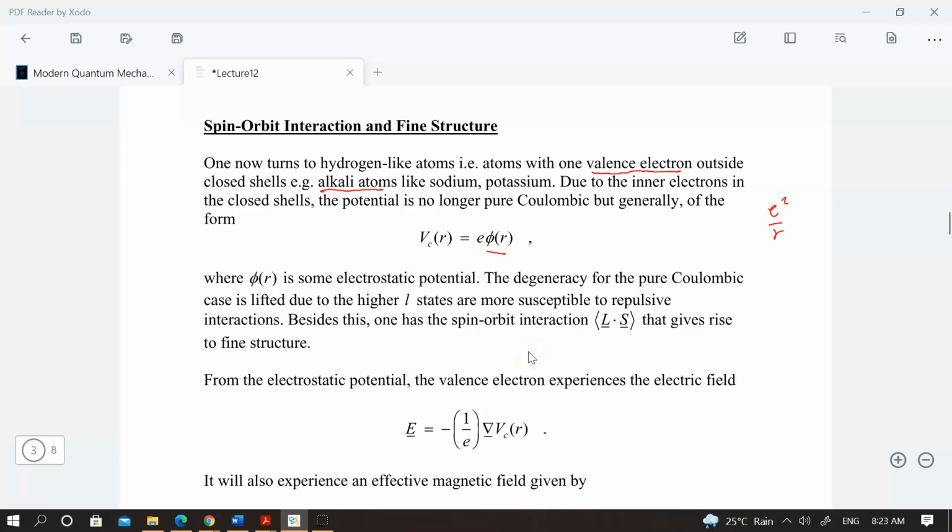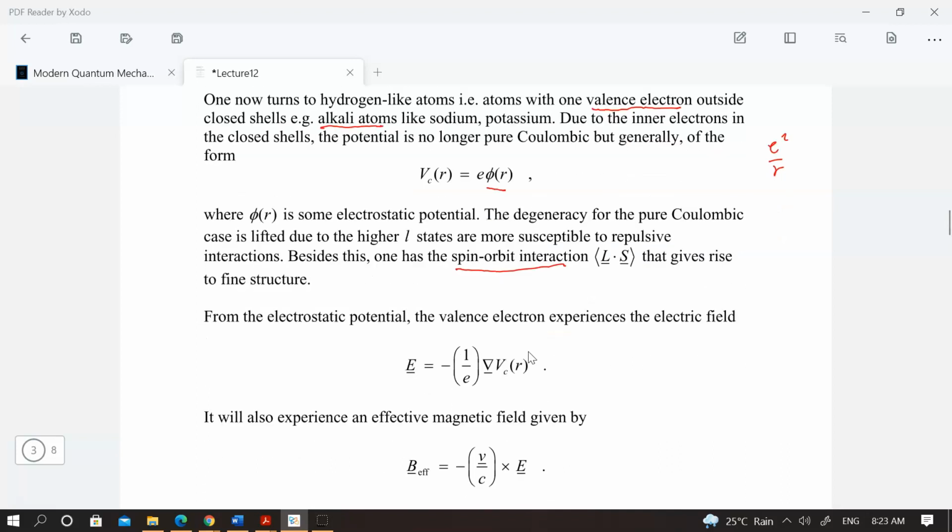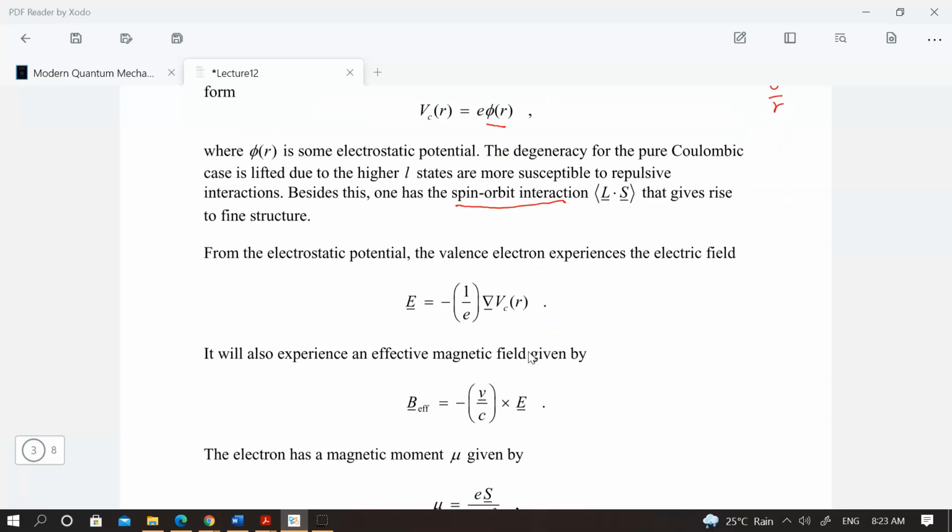When you have all these completely filled shells, there will be spin inside. So there will be a spin orbit interaction, and we want to discuss that. This spin orbit interaction finally will bring us to the idea of fine structure in your energy spectra.